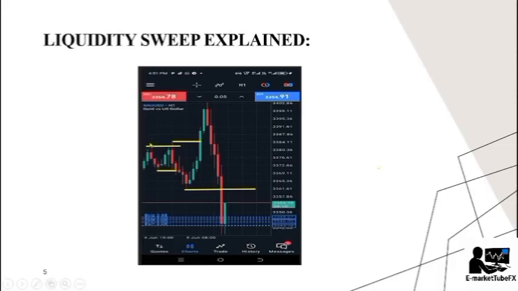So they have a pending buy order at this zone above this resistance, as I earlier explained to you. So as price pushed up, it executed all the pending buy orders, but the market didn't buy. Immediately after executing the buy orders, it reversed. So those traders too have been taken out.